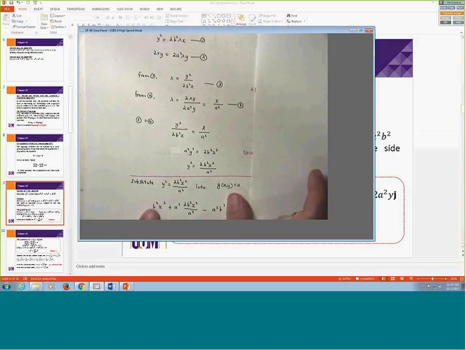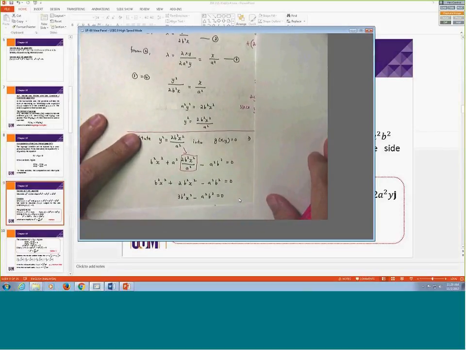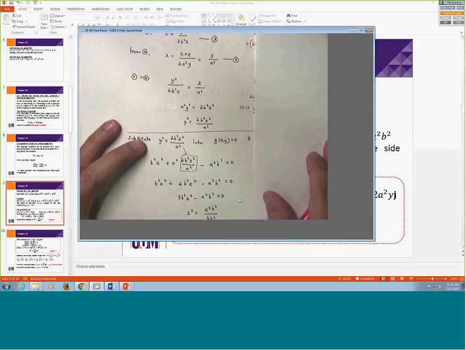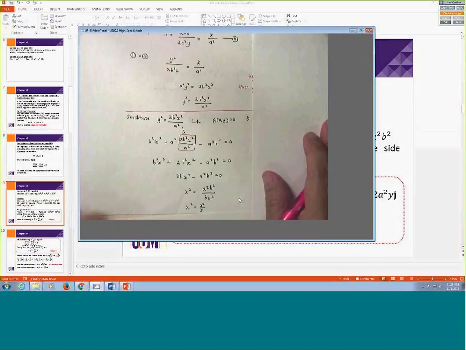So we substitute y squared here, and then solve for it. When we solve, we get x squared equals a squared b squared divided by 3b squared, and simplified, we get x squared equals a squared over 3.